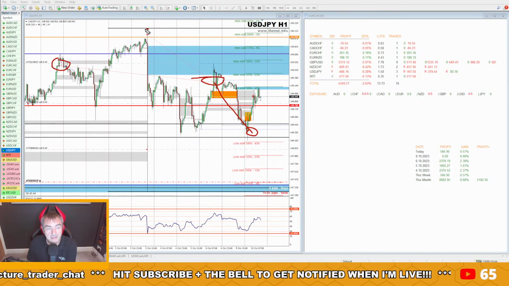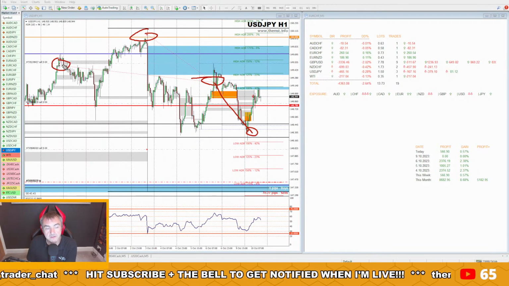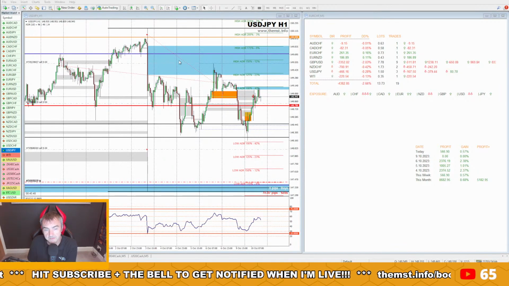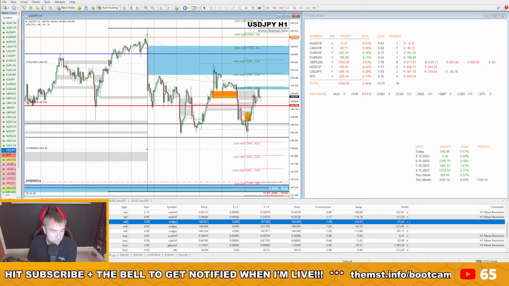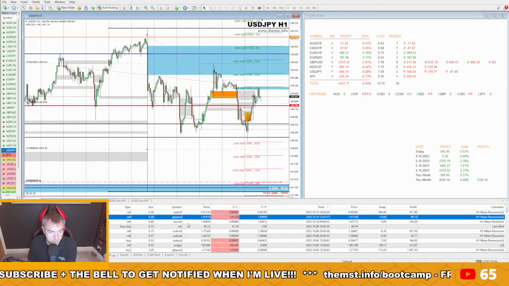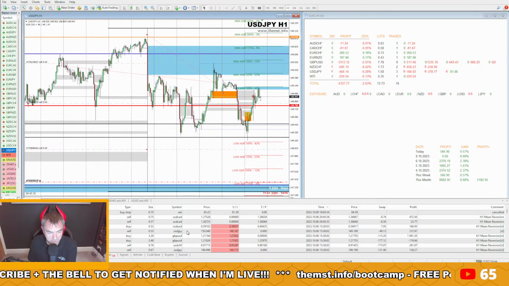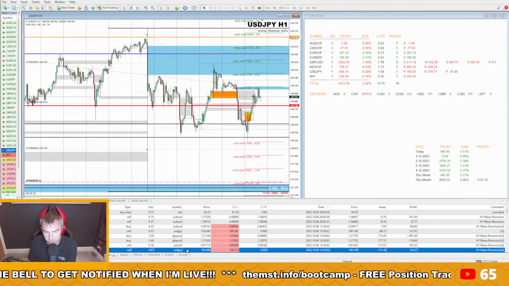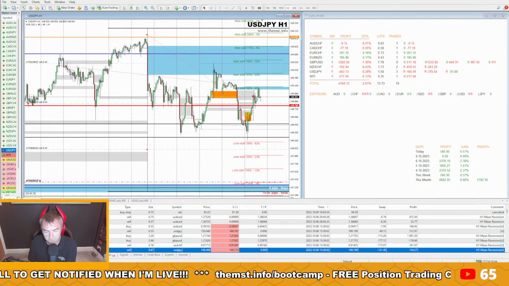These two trades here, at the moment, have basically paid for my swaps. So I think the profit on those two is about $450.